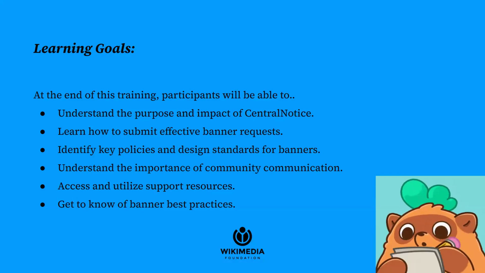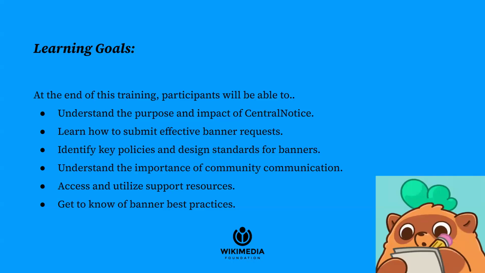Now, let's talk about what you can expect to learn from today's training. By the end of this session, you'll understand what CentralNotice is and why it matters. You'll also learn how to request banners the right way by going through the request process step by step. You'll understand what makes a good banner and what to avoid by learning key policies and guidelines.